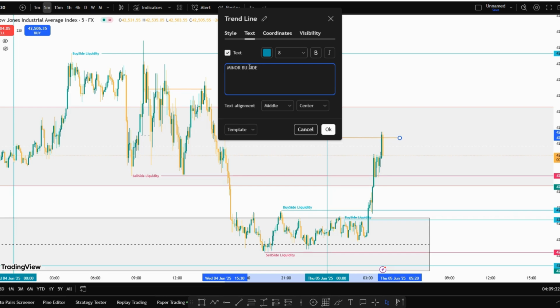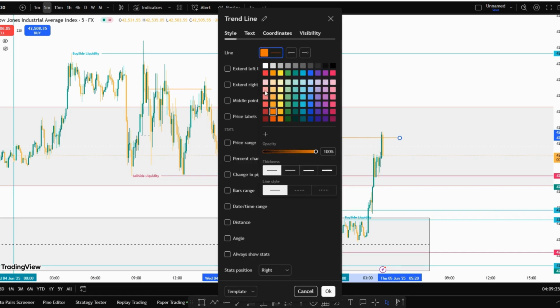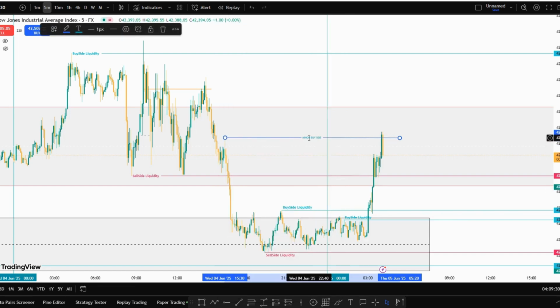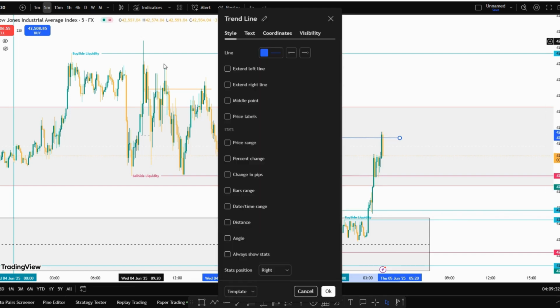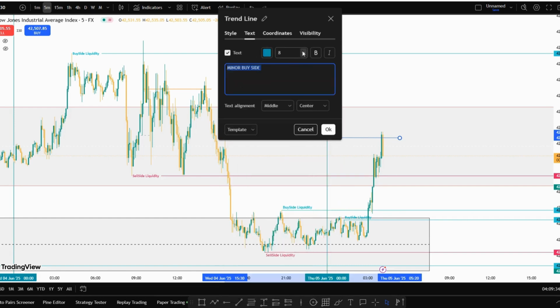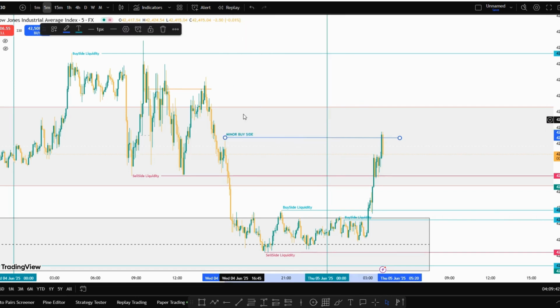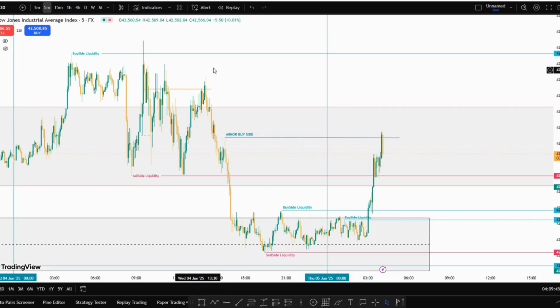So minor buy side, right? Right. So this is a minor buy side, and then we have buy side here as well. So this would be major buy side.